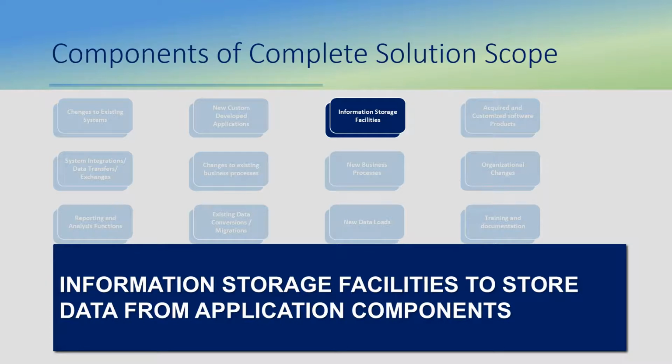Information storage facilities. The various application components will generate data at different rates that will need to be stored for various intervals. This includes interim data storage, operational data storage, and derived data storage for reporting and analysis. The volume of data to be stored and the types of storage required to deliver the required access times will need to be quantified.